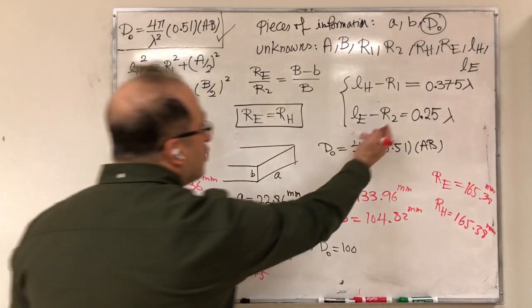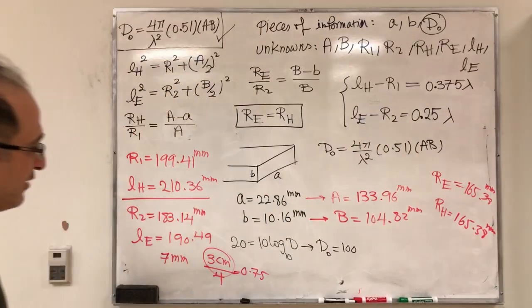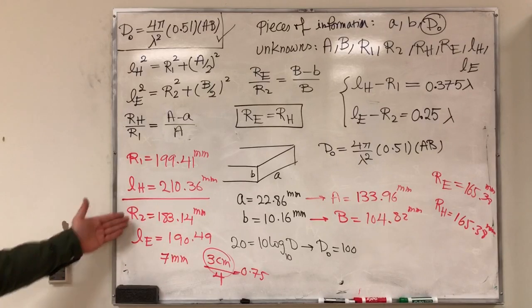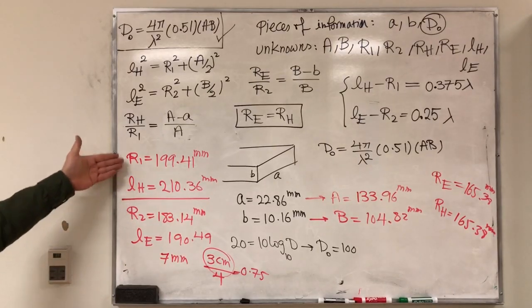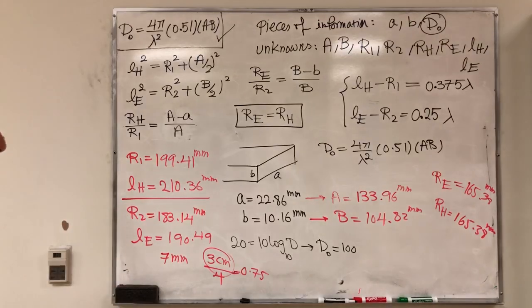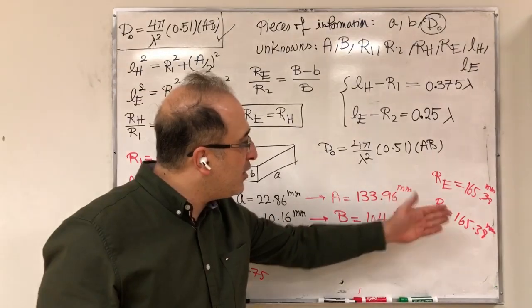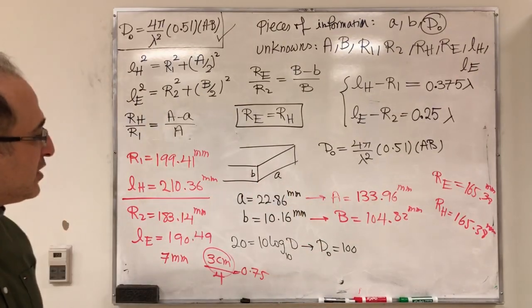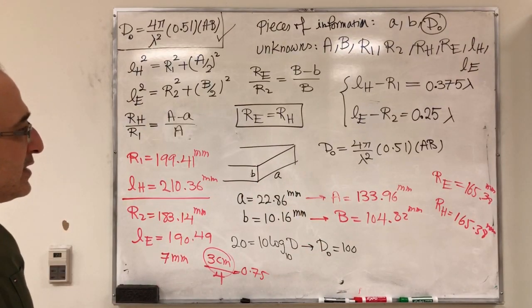So this also seems to be okay. We're not too off. So the important thing is to realize that R1 and LH are relatively close, R2 and LE are relatively close, RE and RH are the same thing, and you have increased your aperture size by these values.